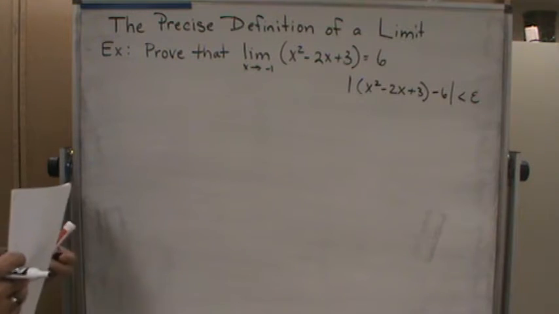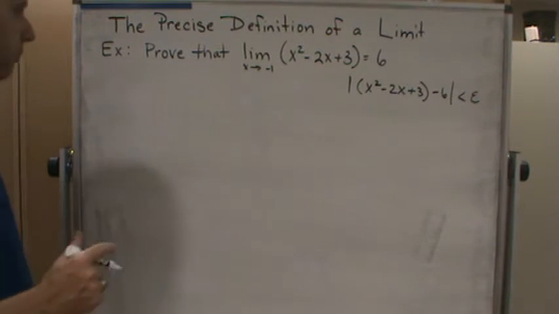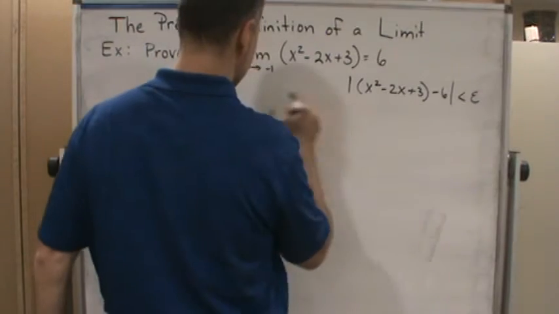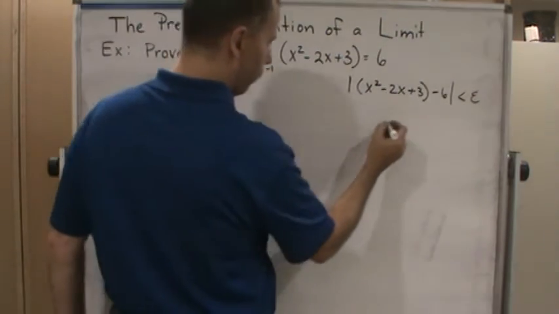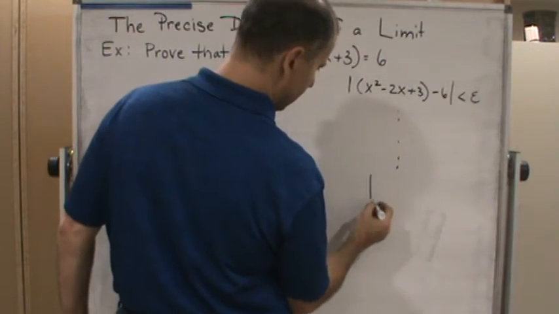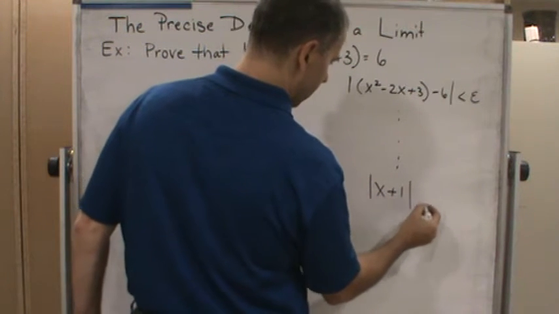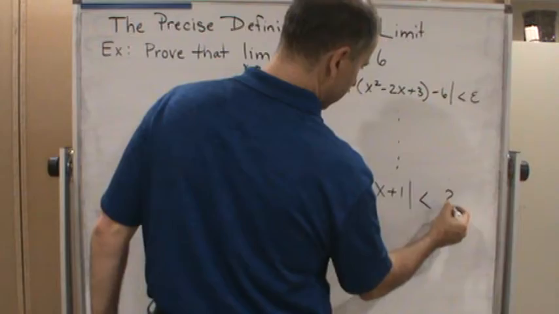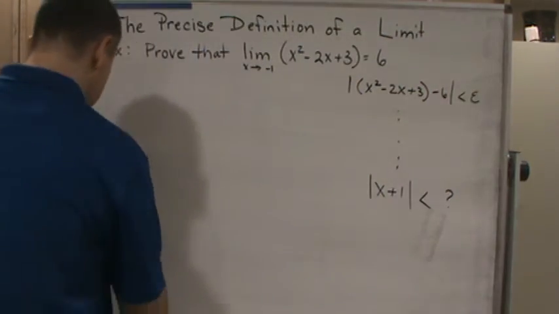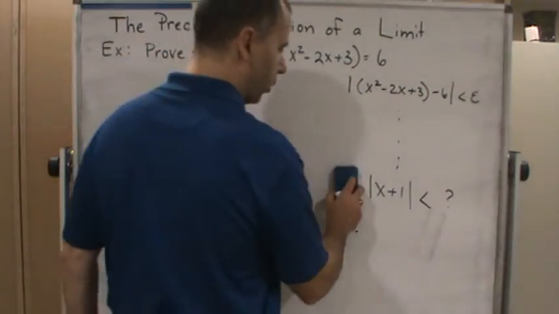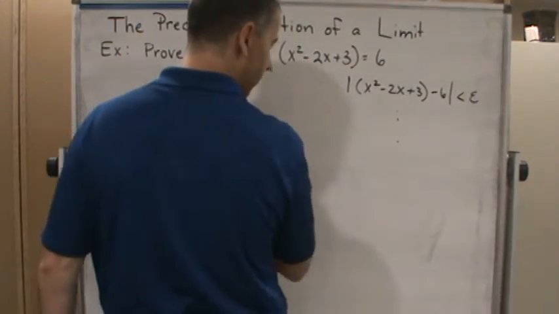All we know at this point is epsilon is positive. But we need to get this to look like the absolute value of x plus 1 and less than something, right? So again, just keep the goal in mind.